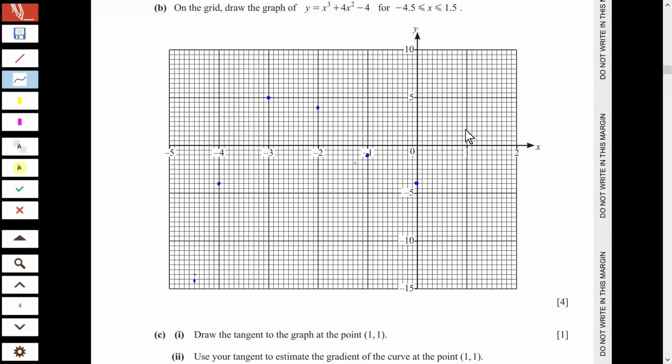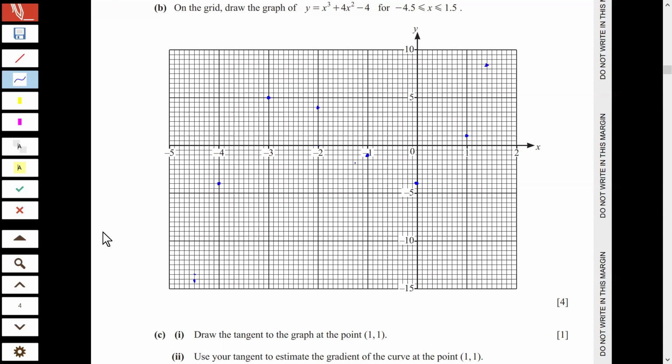So 8.4 on the y-axis is going to be somewhere around, let's count this as 5, 6, 7, and 8. So 8.4 somewhere around this point.